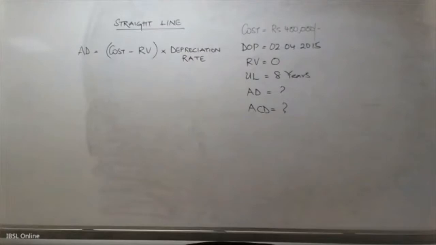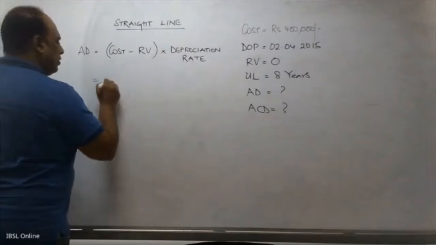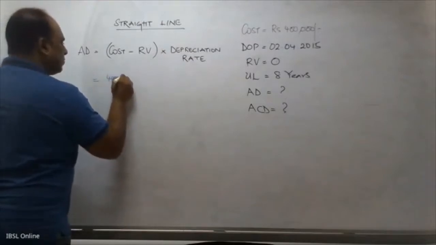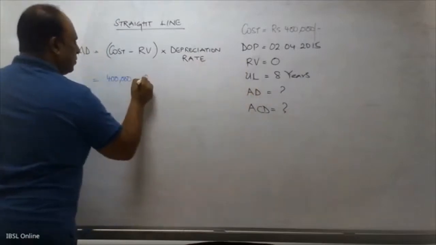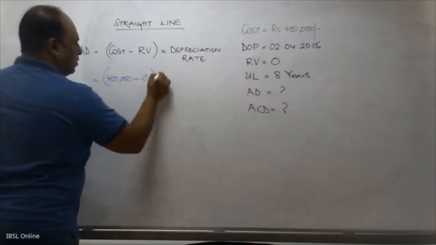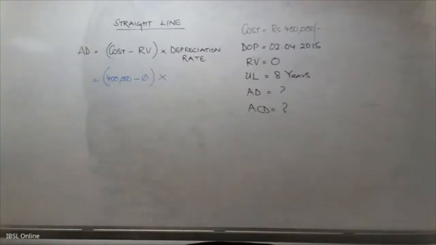So the numbers are known. Cost 400,000 minus residual value 0 into depreciation rate. Now, what is the depreciation rate?